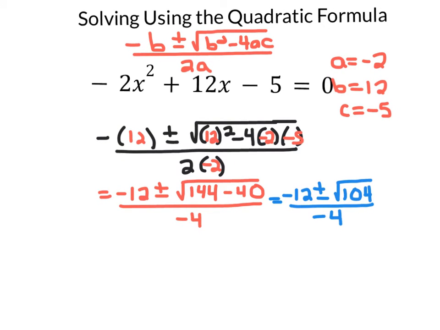So let's take a look. Our first solution, our x value, will equal the opposite of 12 plus the square root of 104, divided by -4. When we take the square root of 104, we're not going to take off any of the digits until we get all the way to the end.